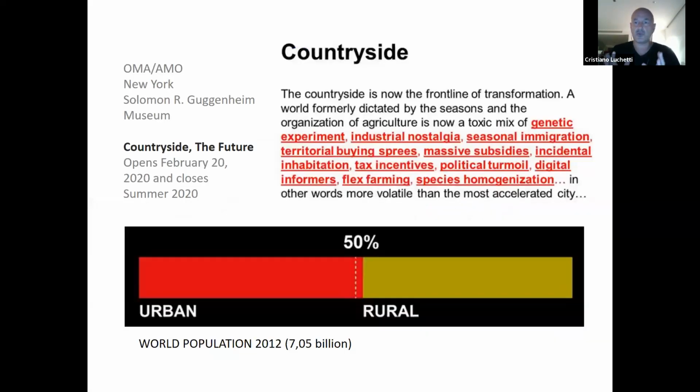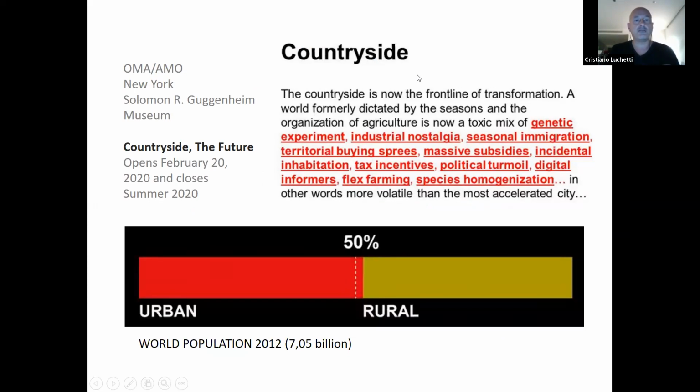In 2012 there was one specific moment where the urban population became bigger than the rural one. The process of urbanization got so fast and so big that the number of people in urban centers went beyond 50%.